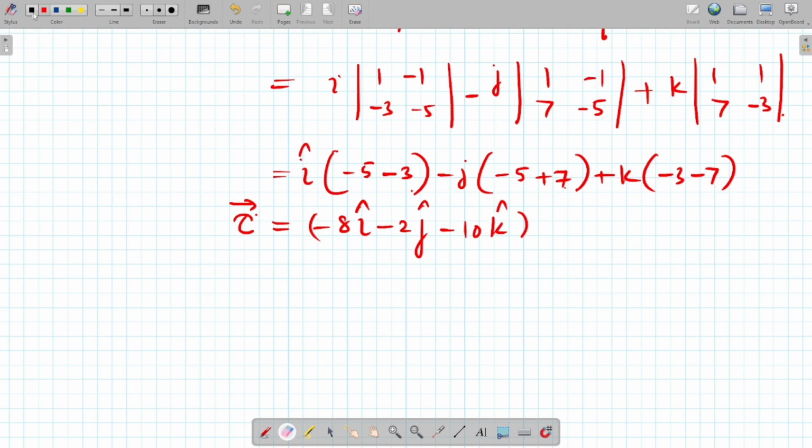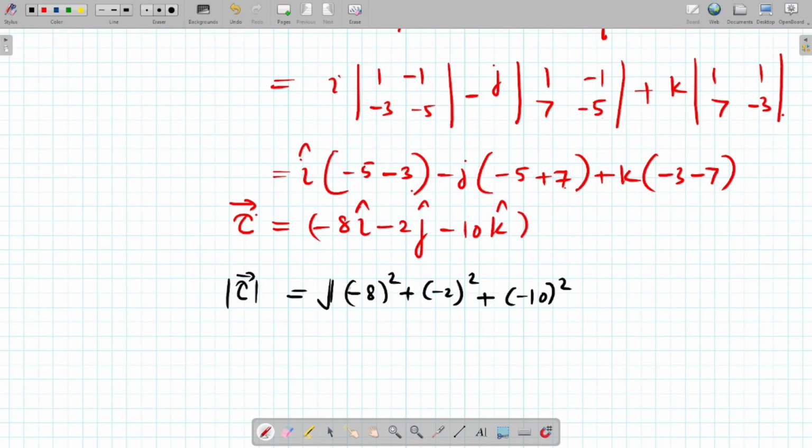So you know, until you really work hard, you won't know. You are asked to tell me the absolute value, and I already told you in the vector chapter, absolute value would be negative 8 whole square plus negative 2 whole square plus negative 10 whole square, and then under root.